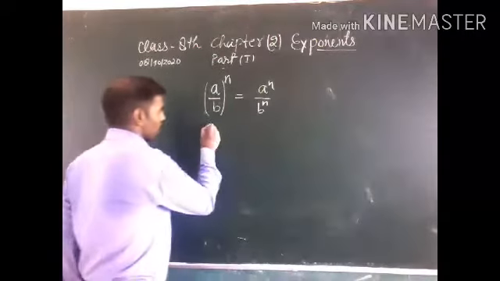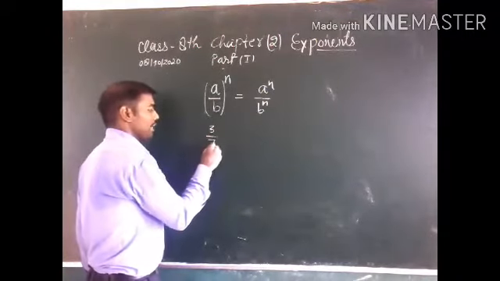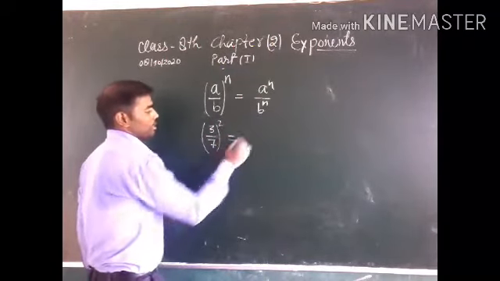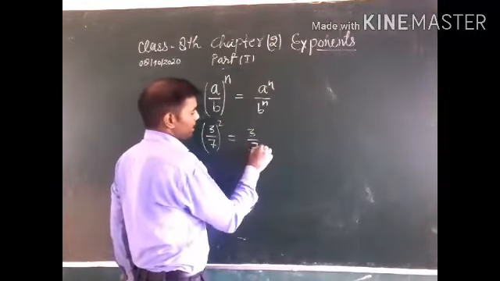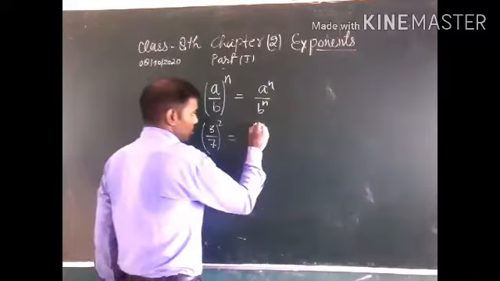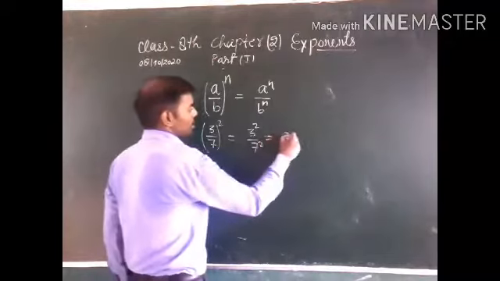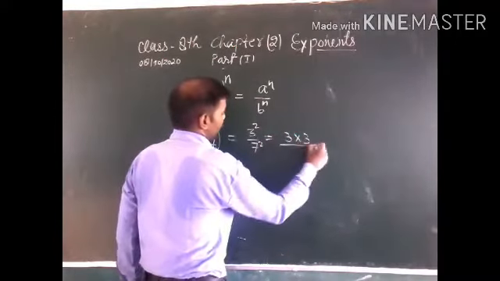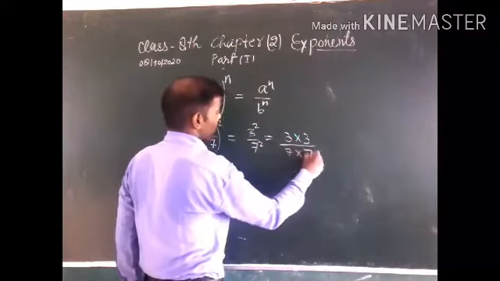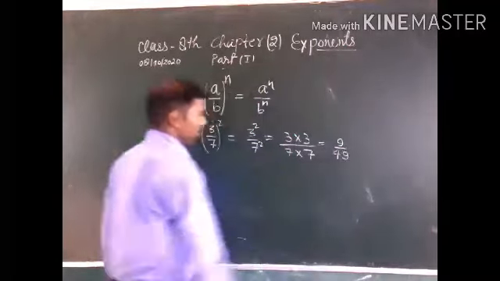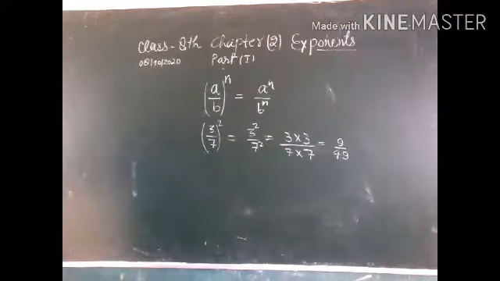Let's suppose (3 by 7) whole to the power 2. It means 3 to the power 2 and also 7 to the power 2. It means 3 into 3 divided by 7 into 7, that is 9 by 49.